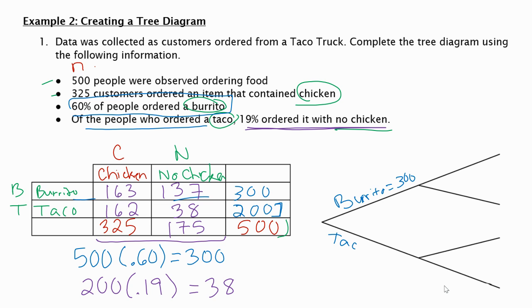The number of people that got a taco was 200, and then I'd break it up from there. So I'm going to say chicken was 163, no chicken was 137. And then for taco, chicken was 162, and no chicken was 38.